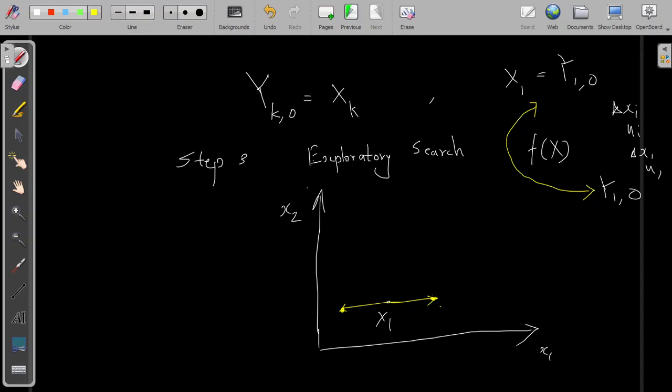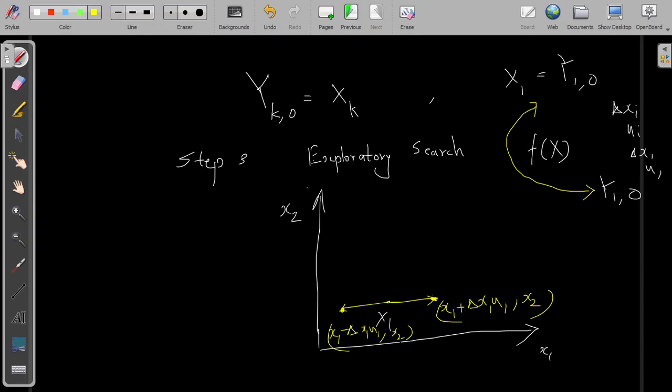We will calculate this. This is nothing but x1 plus delta x1 u1 comma x2, and this point will be x1 minus delta x1 u1 comma x2, because we are perturbing the x1 only.